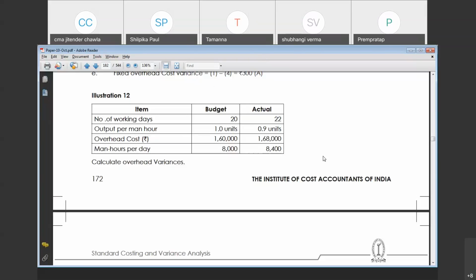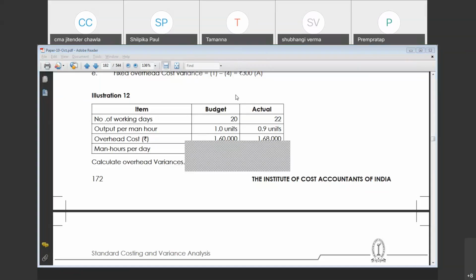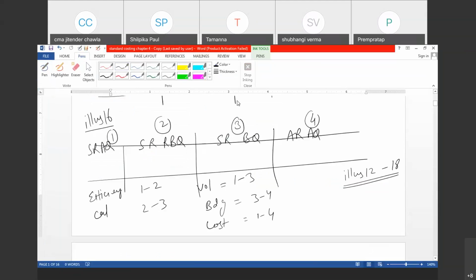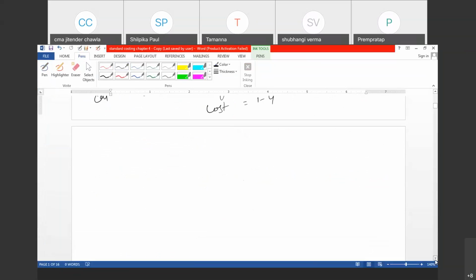This is illustration 12, right? Shall we start it? Could I do it on my basis? Right? We shall prepare a table.